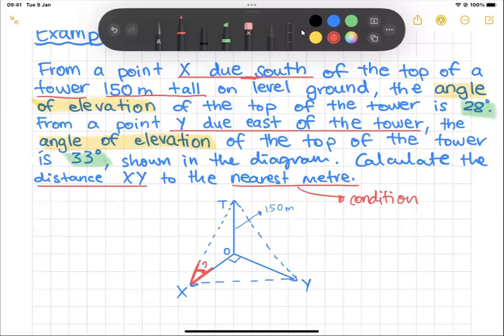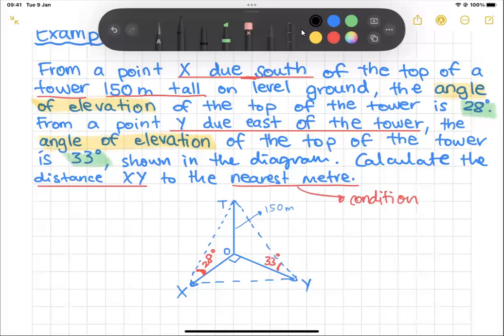The angle of elevation for point X is 28 degrees. Then for point Y, the angle of elevation is right here, which is 33 degrees. So we've done that.